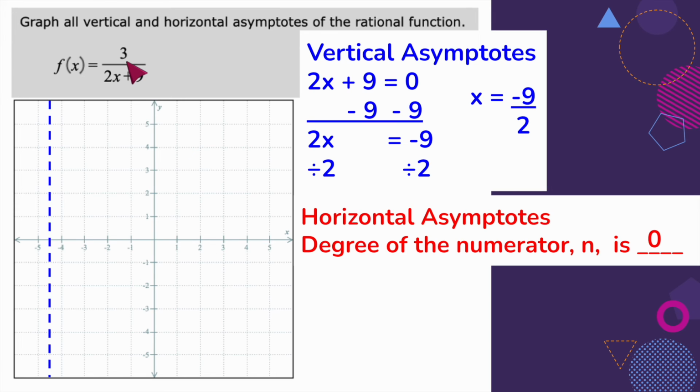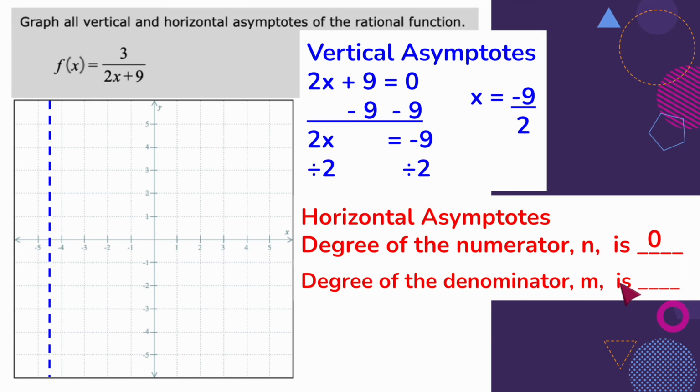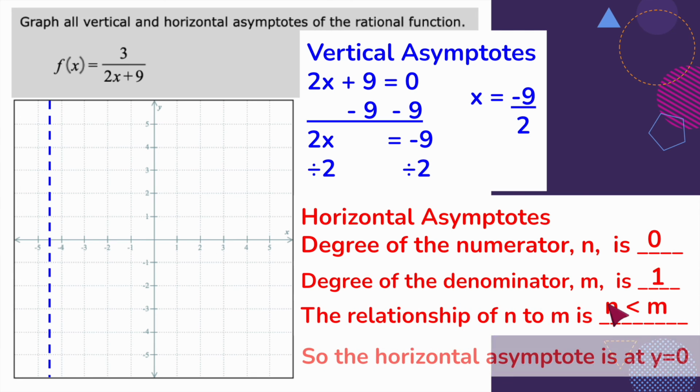So whenever I don't have a variable, my degree is 0. And then the degree of the denominator, which is m, is 1 because I do have a variable, but the exponent here is a 1. If I don't see a number, it's a 1. So 0 is less than 1, right? Since it's less than 1, the horizontal asymptote is at 0, because that was one of the rules on that previous page.